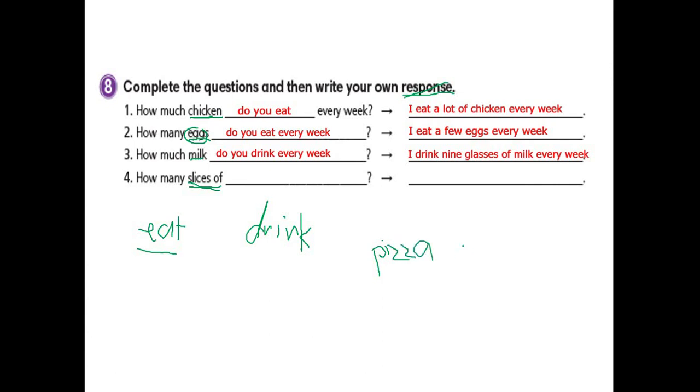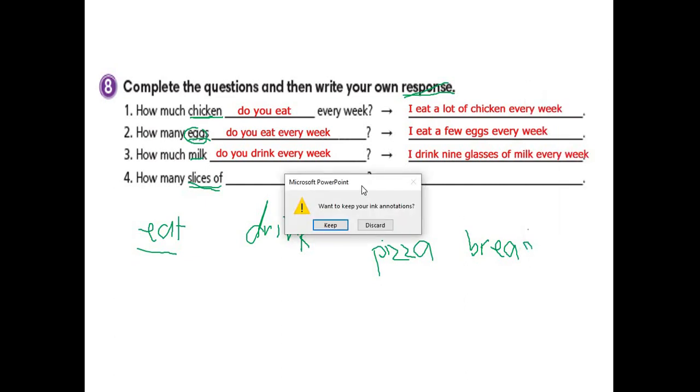Okay, so we have pizza, bread. What else?